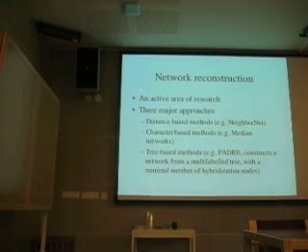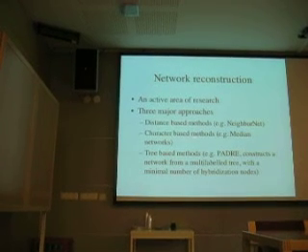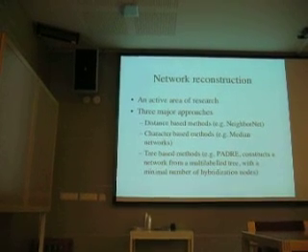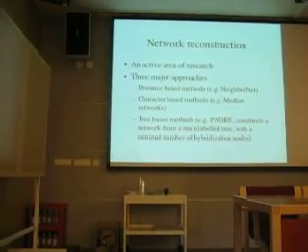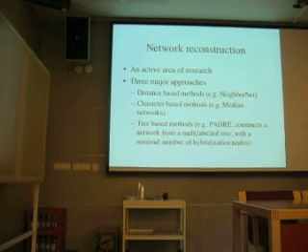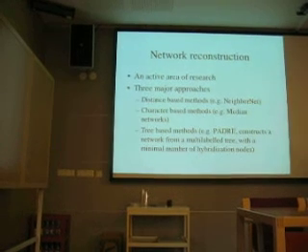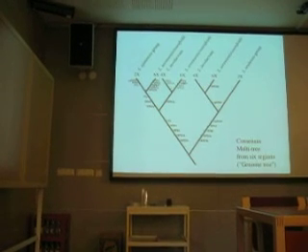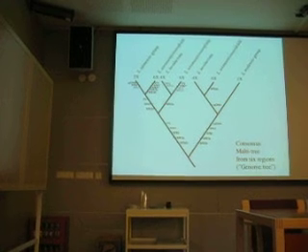There are different approaches to this. There are distance-based approaches, character-based methods, and tree-based methods. That is what I was just talking about, using several trees and combining them into a network that explains relationships at a higher organizational level.